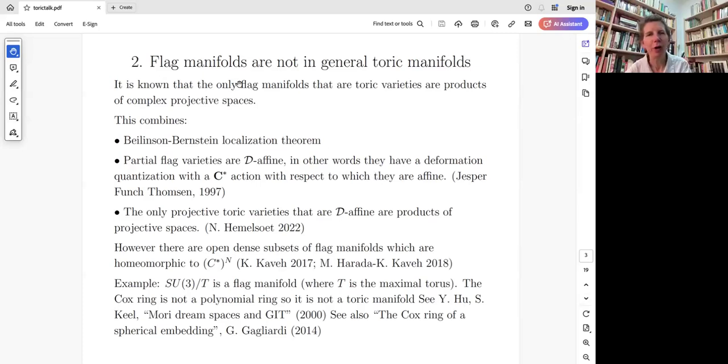The cohomology ring of flag manifolds is known, and the cohomology ring of a toric manifold, due to Danilov's theorem, is also known. But the argument that distinguishes flag manifolds from toric manifolds doesn't go by showing that they have cohomology rings that are different.